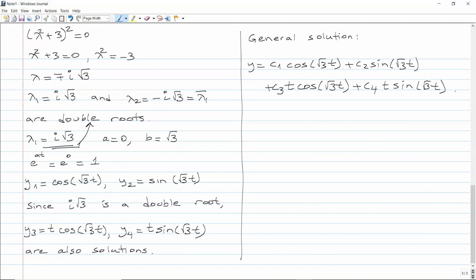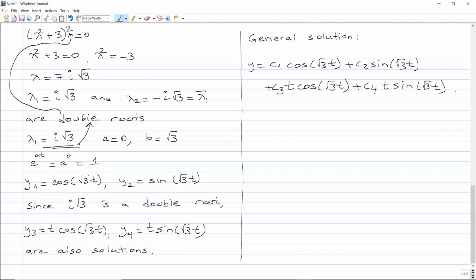So when a complex root is a double root, and why is it a double root? Because of this square. We are taking lambda squared plus 3 squared. So each solution of lambda squared plus 3 equal to 0 is going to be a double root.